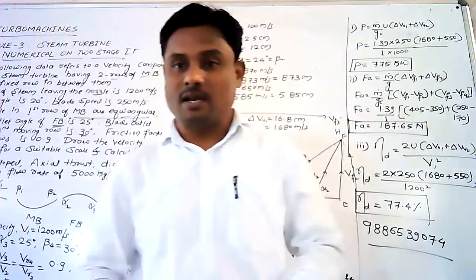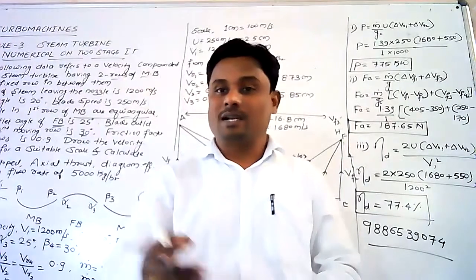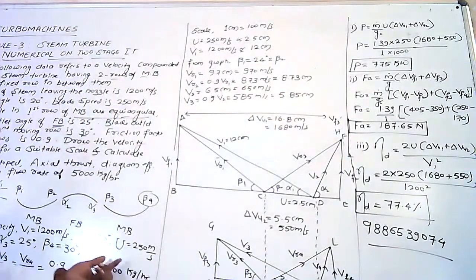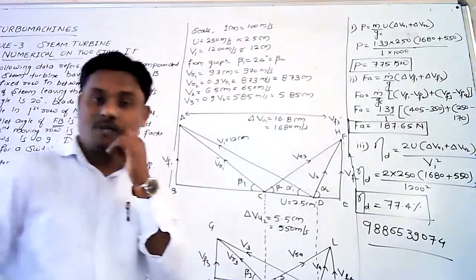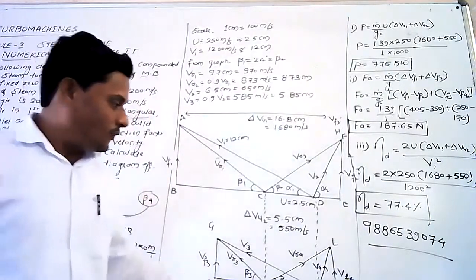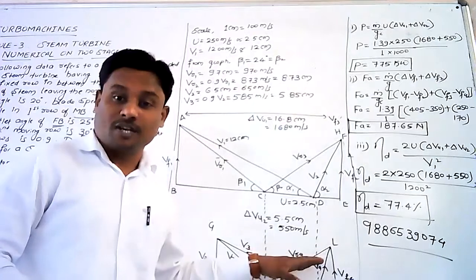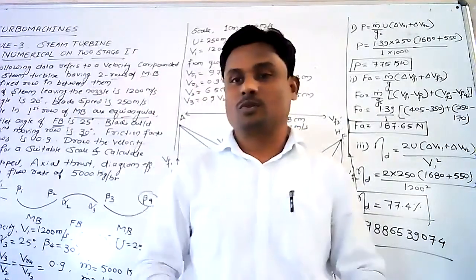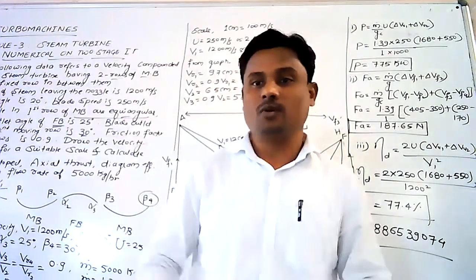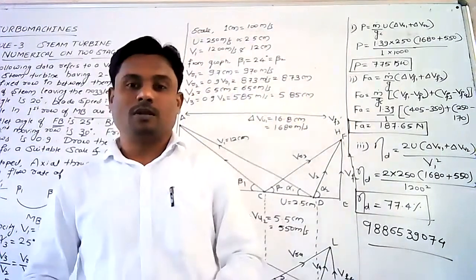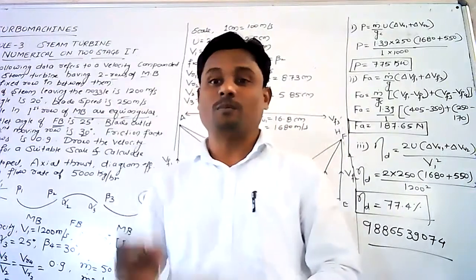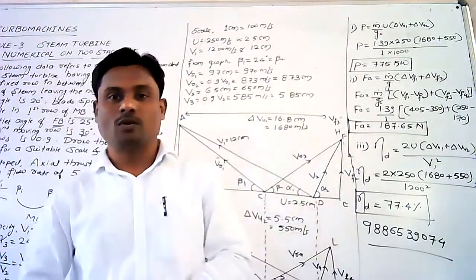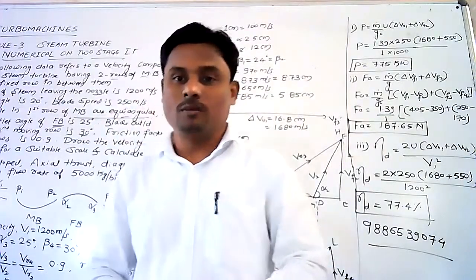In the next class, we will solve the second type of numerical, where you will not be given the values, and under those circumstances we have to start the numerical from the second stage and end up with the first stage. Those are also very important. After that we'll go with the condition for maximum blade efficiency of the Parsons reaction turbine, or 50% reaction turbine. That will complete module number 3 in all respects.